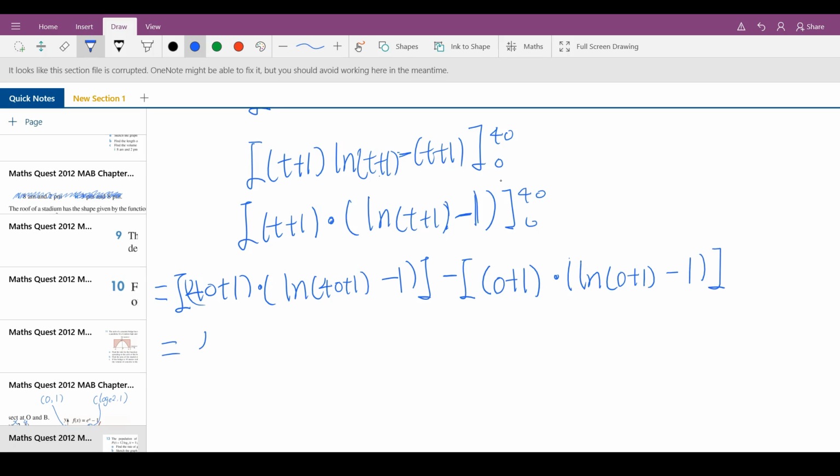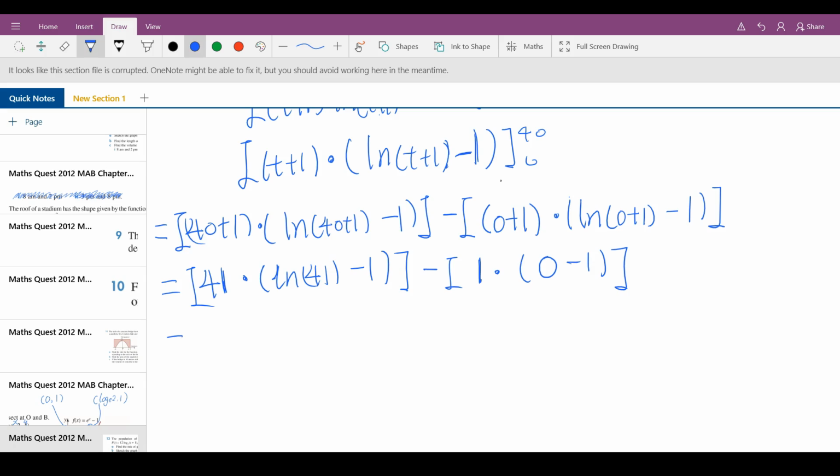Rightio. So that we get 41 multiplied by ln 41 minus 1. And then minus 0 plus 1 is 1 multiplied by ln(0 plus 1) is ln 1, which is 0, remember? Minus 1.